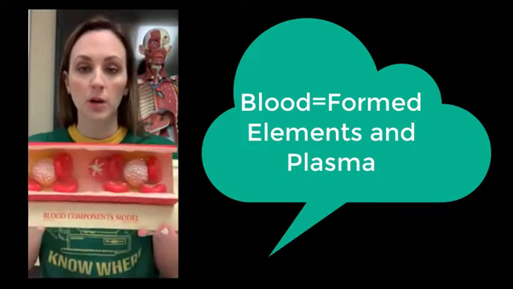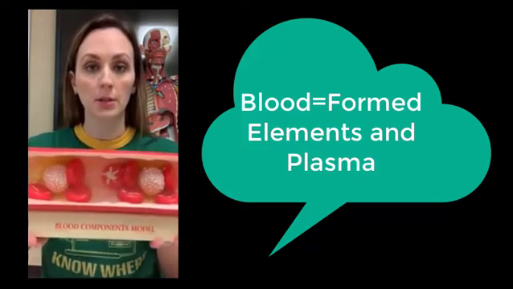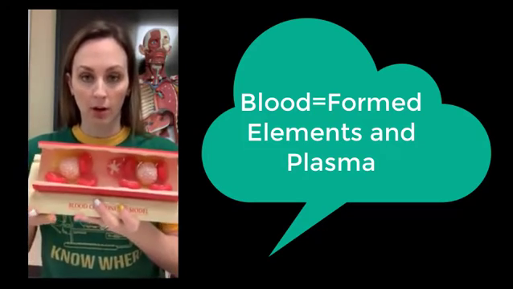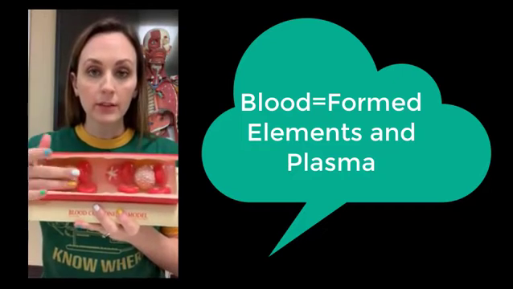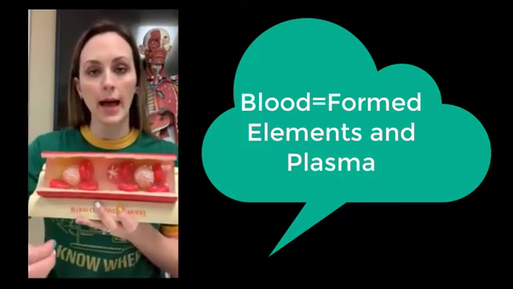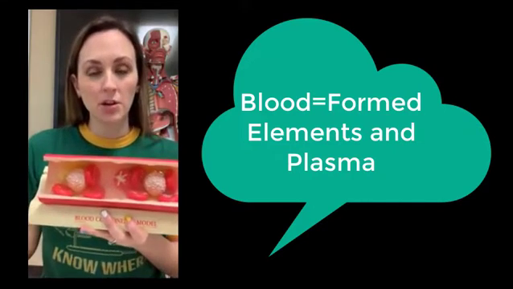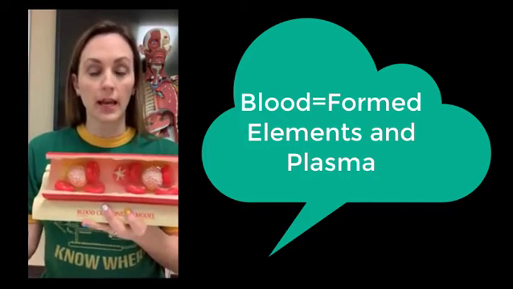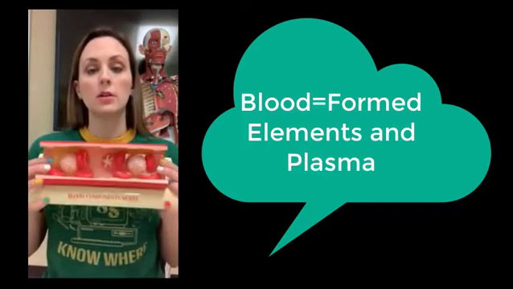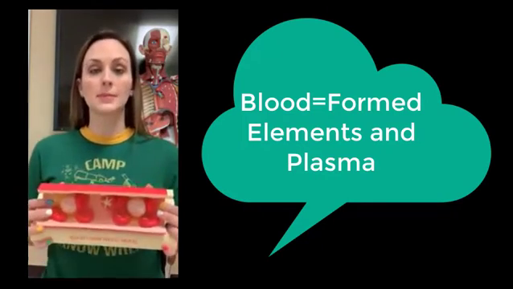And the plasma is where our toxins and wastes are going to build up. So remember, we want to be able to use the kidneys and the nephron to leave these cells in the blood, but we want to filter this plasma out and get all those dissolved wastes and toxins out of it. So that's where your renal corpuscle comes in.